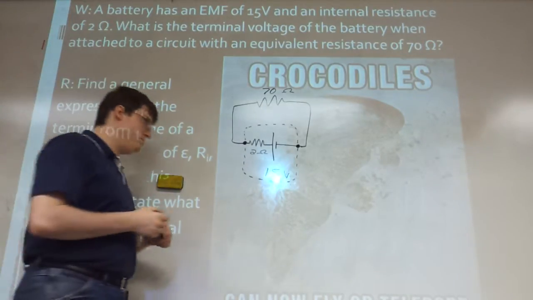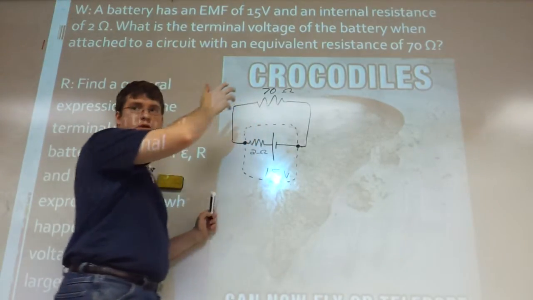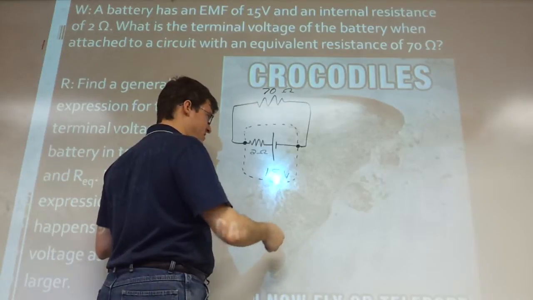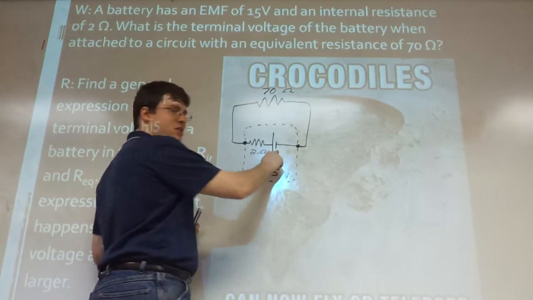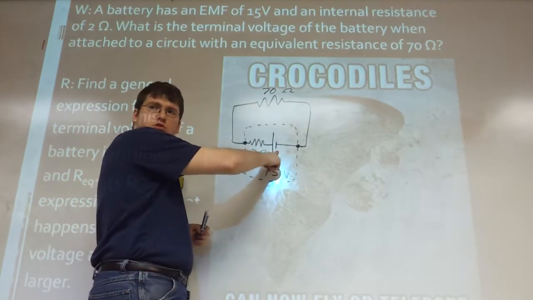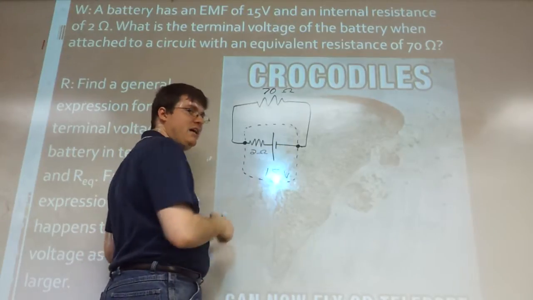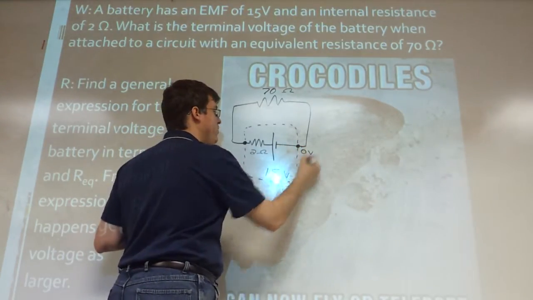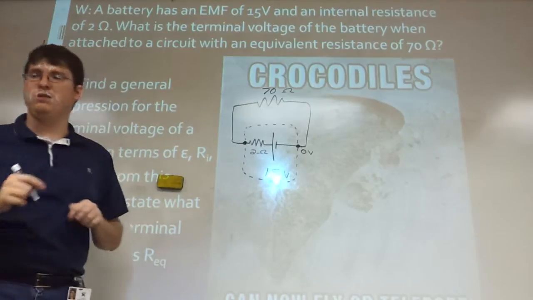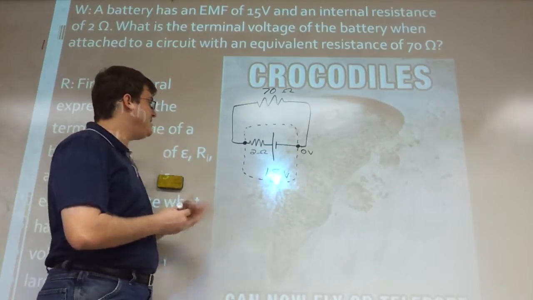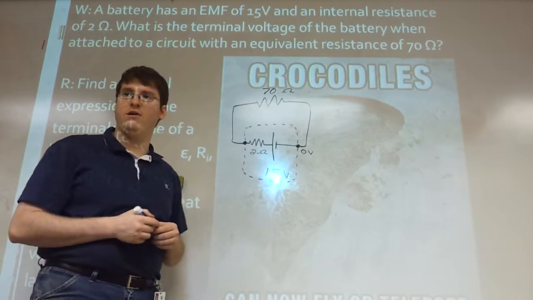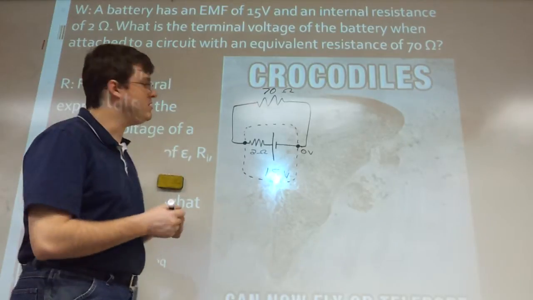We can treat the circuit just like we normally do without the dashed lines. This point connected to the negative plate is charged to 0 volts. This point connected to the positive plate has a resistor in the way, so we need to figure out what the potential drop across that resistor is.